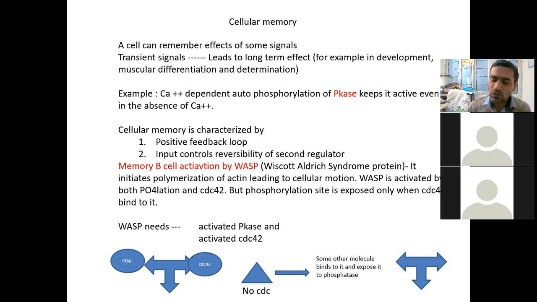So autophosphorylation होता रहता है once it is activated by the presence of calcium ion in calcium dependent protein kinases. So even if you remove these calcium ions, these protein kinases remain activated and they will continue doing autophosphorylation. So this is an example of calcium ion dependent autophosphorylation.